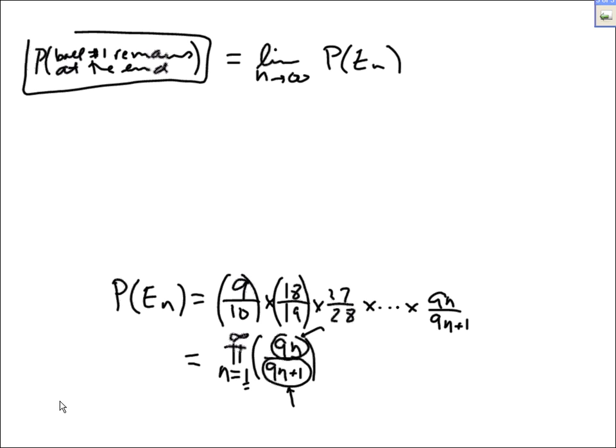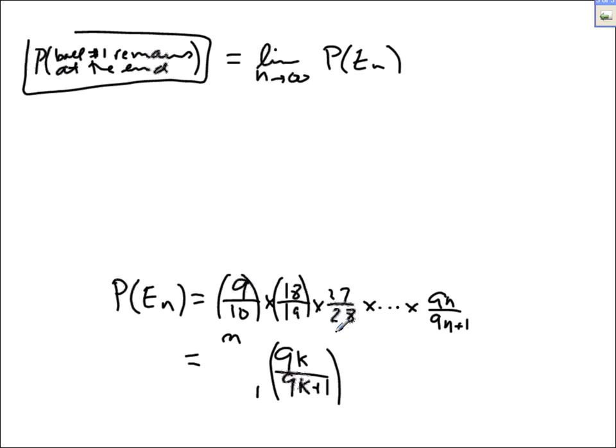I do have one slight error. I shouldn't be going to infinity. So I need to get rid of this. Sorry. But you always check your work. You make sure that it starts off right and it finishes right. It's going to be the product as k goes from 1 to n of 9k over 9k plus 1.